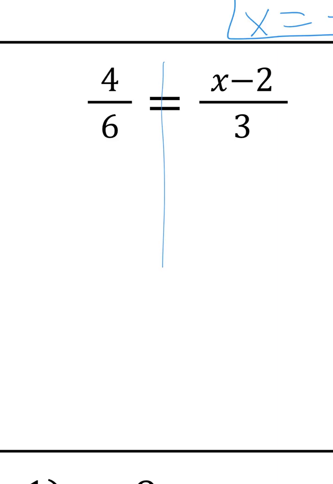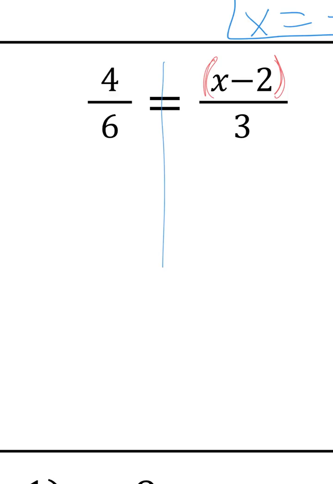So the first thing I want to do when I have this butterfly thing going on is I want to check and see, do I have any of the numerators or denominators that have more than one term? Yes, this right here has more than one term. So I'm going to go ahead and put my parentheses around it, okay? Anytime you see more than one thing on a numerator or a denominator, put parentheses around it.